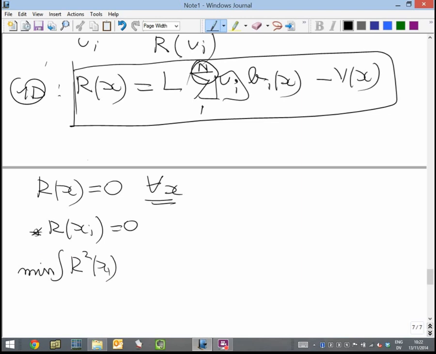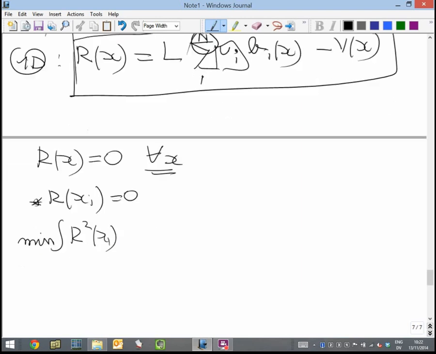Or you could ask that this function R of x is on average equal to 0, that it's allowed to do something like this, for example. So these are all possible things you could ask, and depending on the condition you impose, you will get a slightly different type of numerical method. So these are good choices. This is something you could do.